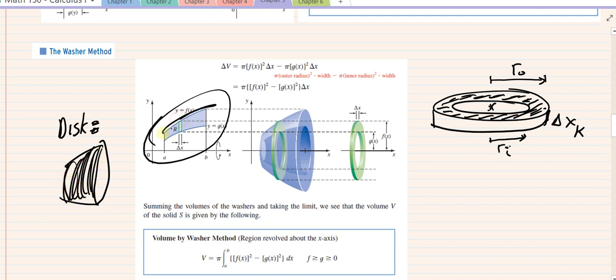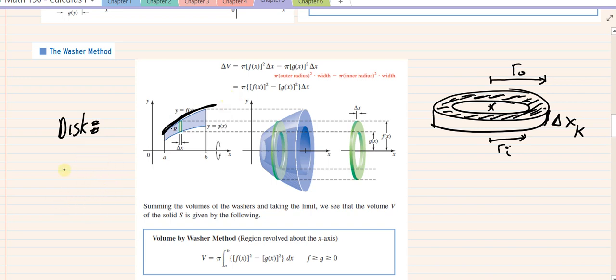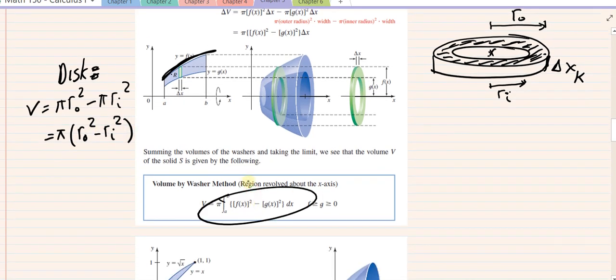That's based on the outside function. So that's going to be pi r squared. Okay, so the volume is going to be pi outside squared minus pi radius inside squared. And once you factor pi, you get r outside squared minus r inside squared. True? And that's what this is.